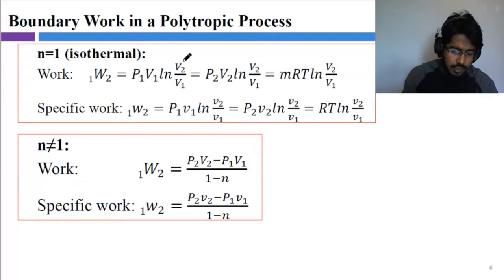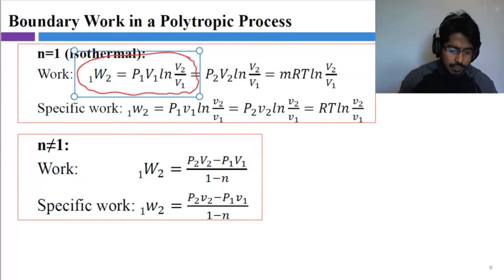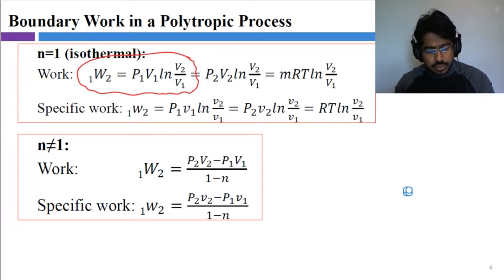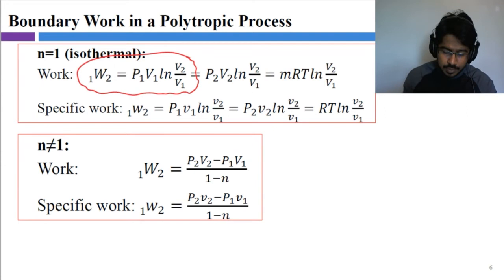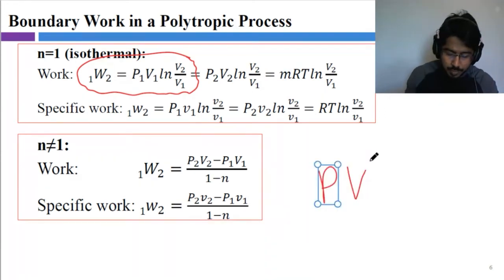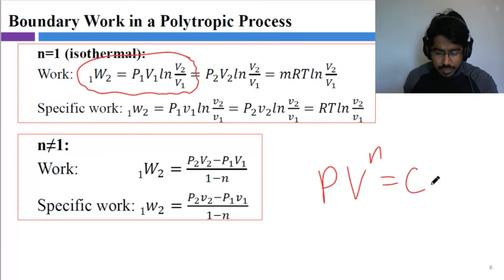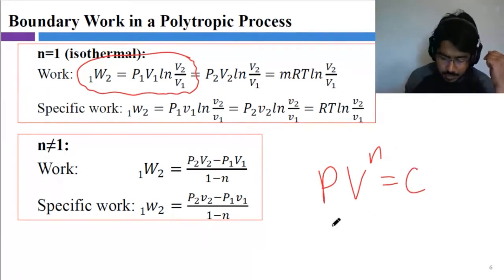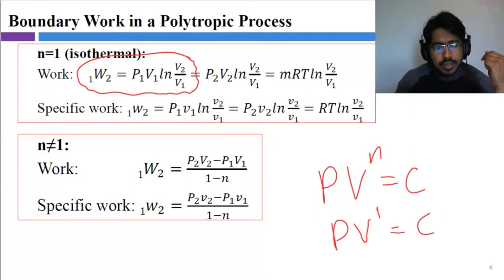When we derived the work in the last lecture, we derived the work for isothermal processes, right? When n equals 1 in a polytropic process, PV equals constant, right?